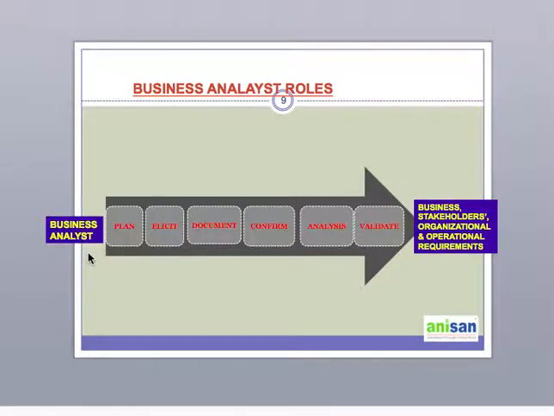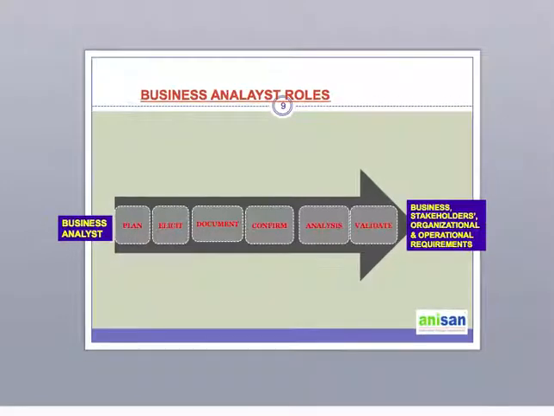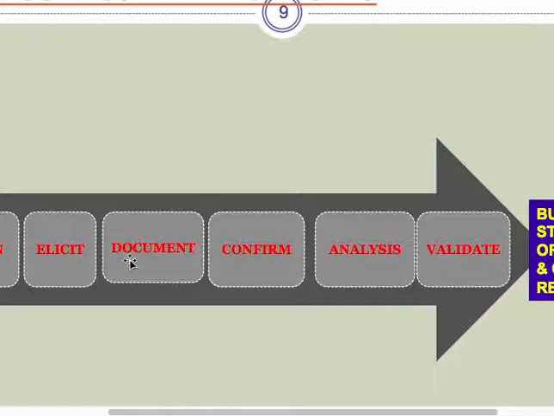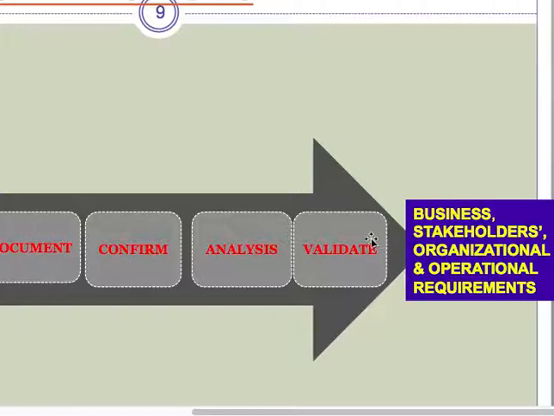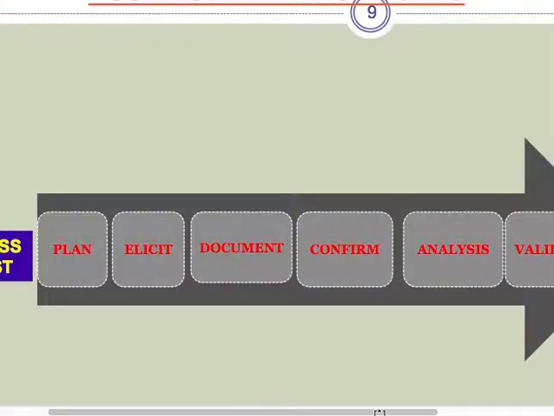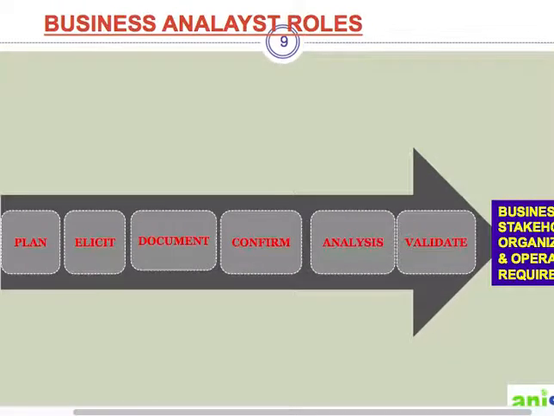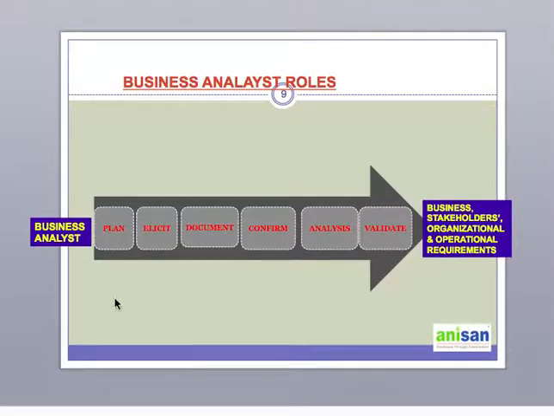That is, the business analyst is planning, eliciting, documenting the requirement, confirming the requirement, analyzing the requirement, validating them, and, by collaborating with the business stakeholders on organization and operational requirements, then implementing them. These are the various activities we may perform during the project life cycle.